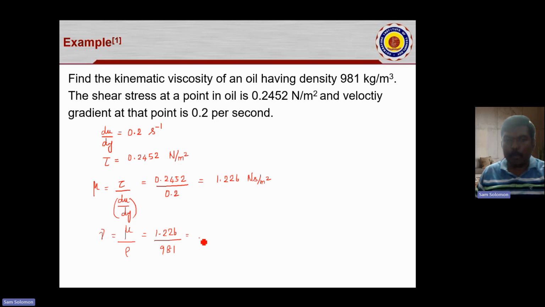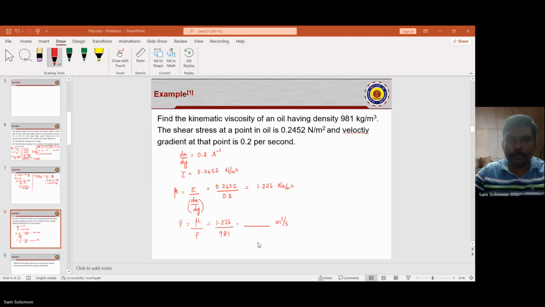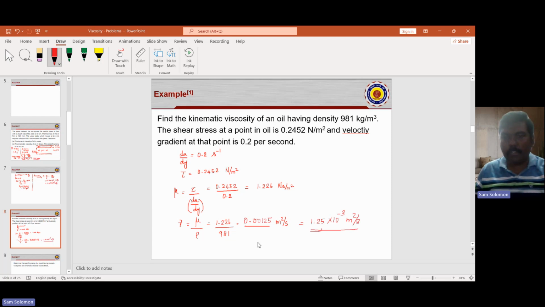So you'd be getting a value which will be meters squared per second. Okay. So if we calculate that, which is 1.226 divided by 981, it is 0.00125, or you can write this as 1.25 into 10 to the power minus 3 meters squared per second. So that would give you the value of the kinematic viscosity.